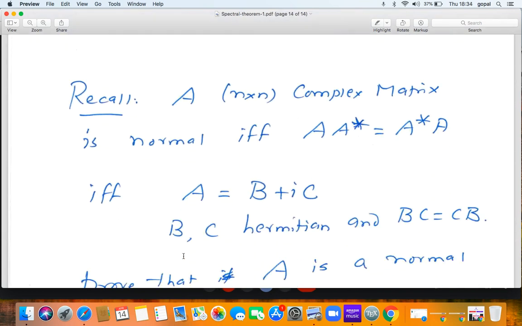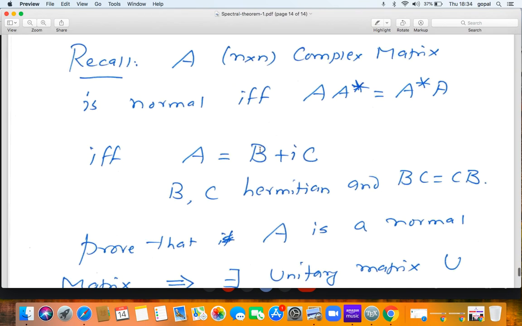So as an application, let us recall that an n cross n matrix A is said to be a normal matrix if AA star equals A star A. Remember the definition of a normal matrix from the earlier chapter? Now a matrix being normal means I can write it as A equals B plus iC, where B and C are Hermitian and BC equals CB.